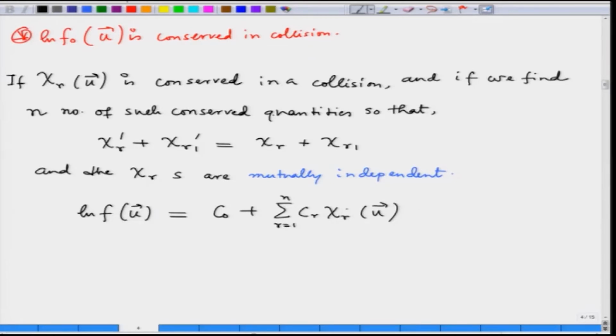So, basically the chi r will form a basis, and any arbitrary conserved quantity in an elastic binary collision will then be expressible in terms of this. So, the C0 can be absorbed inside the summation, and then you have to just write r running from 0 to n and chi 0 should be just 1. In this way you can write the whole thing.